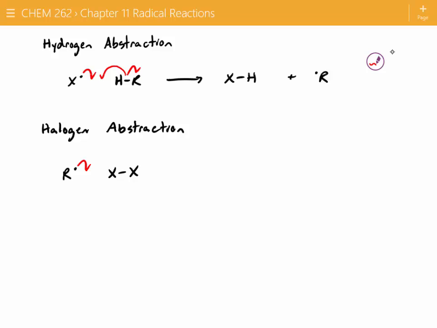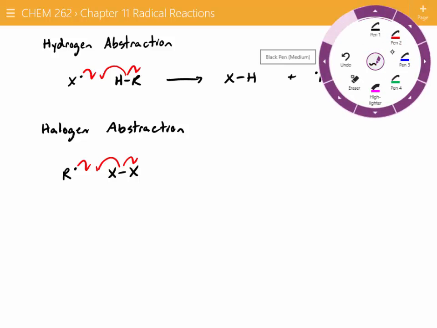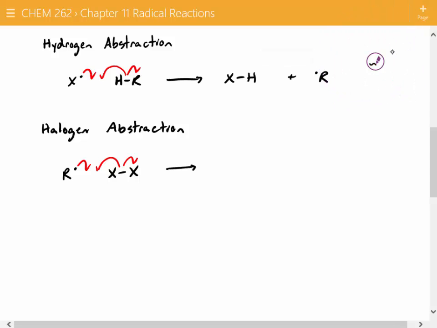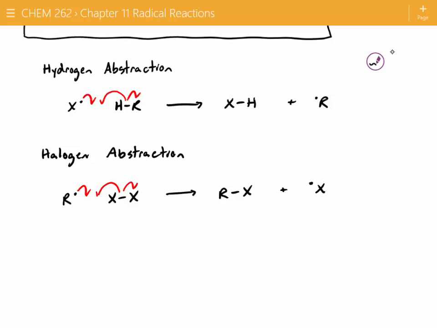The radical alkane will give one electron. The covalent bond will give one electron to form a new covalent bond. And then the remaining electron from that covalent bond will jump over to the halogen. And so instead of transferring a proton, now we're just transferring a halogen. And the resulting byproduct is a radical halogen. So these are their own class of reactions too.